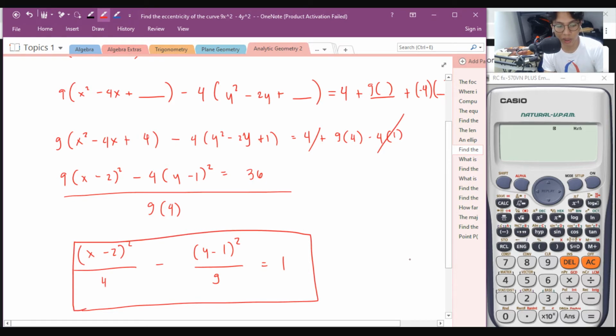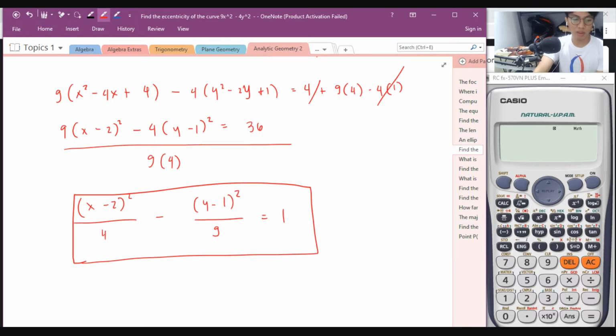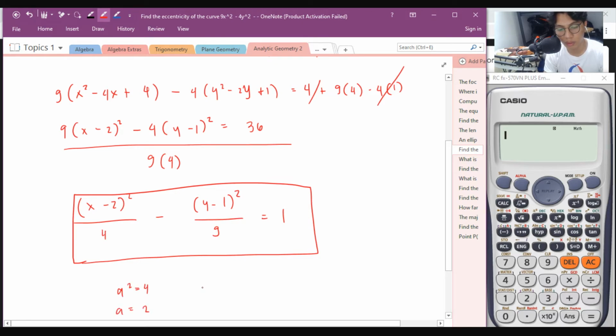Now, by inspection, okay? Mas mahaba yung 9 kesa sa 4. Ibig sabihin, A squared is 4, A is 2, B squared is 9, B is 3.